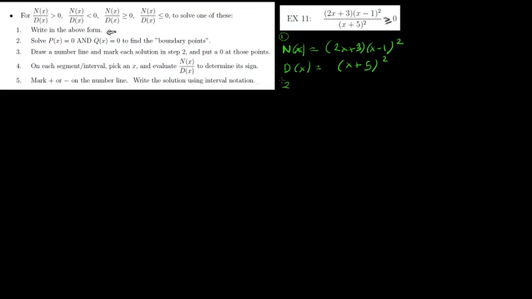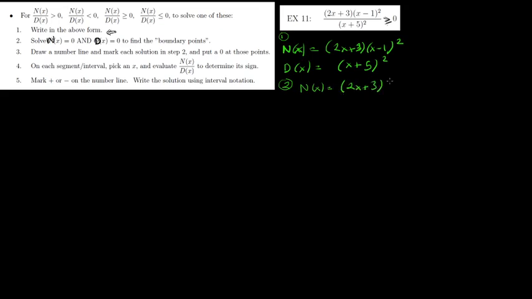Since it's in this form, step one is done for us. And our step two is to solve n of x. Sorry, that should be n. I don't know why that's a p here. This should be n of x, and this should be d of x. So set the numerator equal to 0. Notice that it's already factored for us.